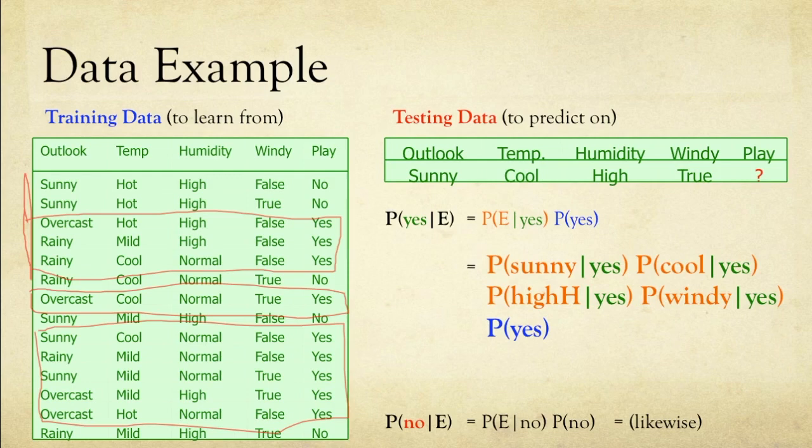Likewise, we can compute P(no given E) with the same idea. And so ultimately we can compare P(yes given E) versus P(no given E), and whichever has a greater probability should be the predicted outcome. So this is the basic idea of the naive Bayes model. And again, there are two keywords in this model: the naive, the independence assumption, so that we can model the joint probability of the evidence by the individual probabilities.